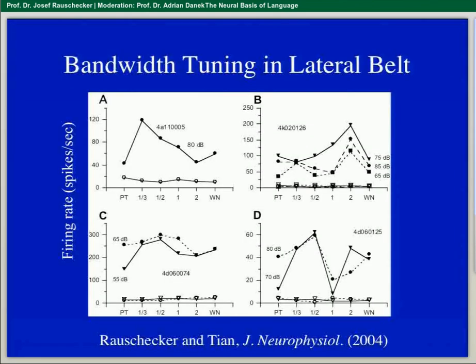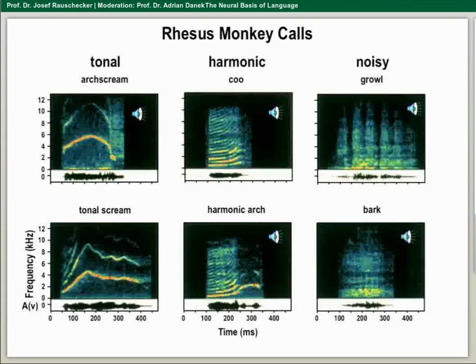And then the next thing, this is actually an additional result that we got out of these studies. Most of the neurons actually preferred a particular kind of noise with a particular bandwidth and frequency and so on. So these were interesting findings to start with, but they didn't tell us, of course, everything about what we wanted to know. So the next step was to use the language of the monkeys.